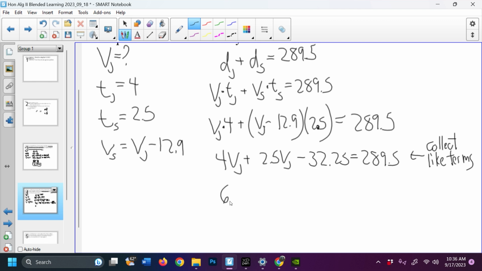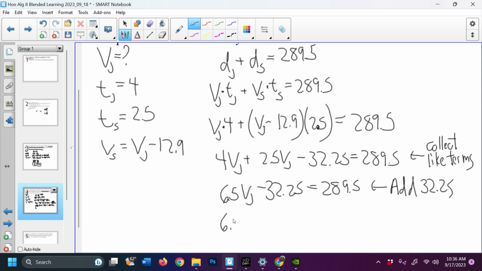All right, so here I'm going to collect my like terms. And I'll have 6.5 times the velocity of Jimmy minus 32.25 equaling 289.5. And then we will add 32.25.